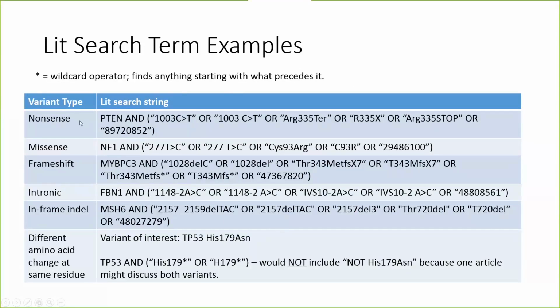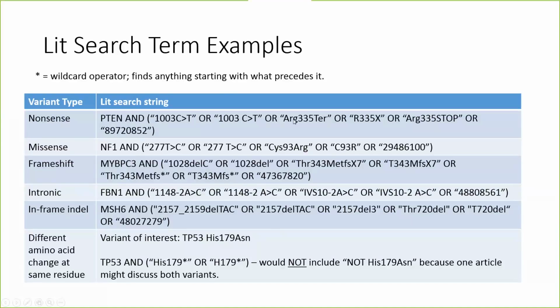For a nonsense variant, you'll see that in the search string, I have first the cDNA nomenclature, both without and with a space in between the nucleotide position and the nucleotide change. Some articles include a space in here, others do not, and including them in quotes will help you find this specific string of text.